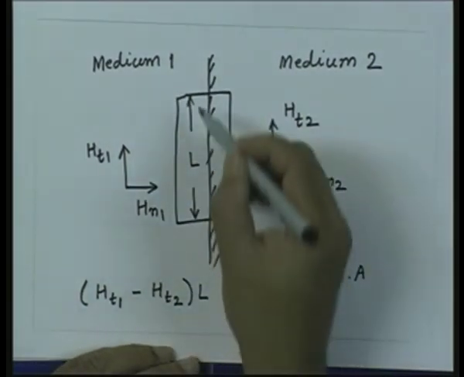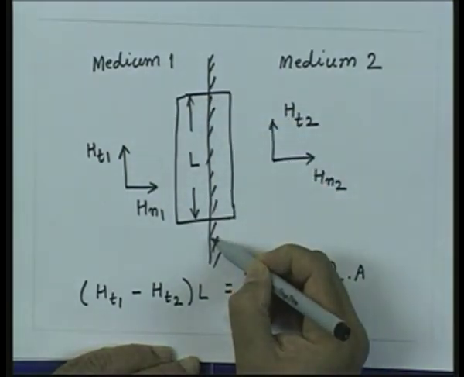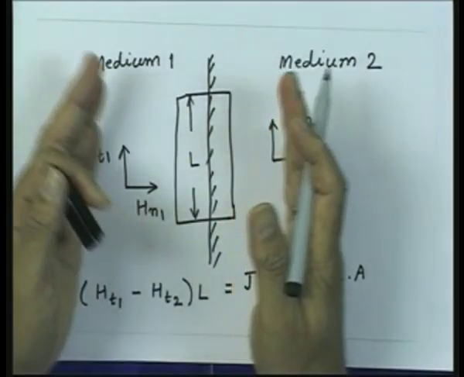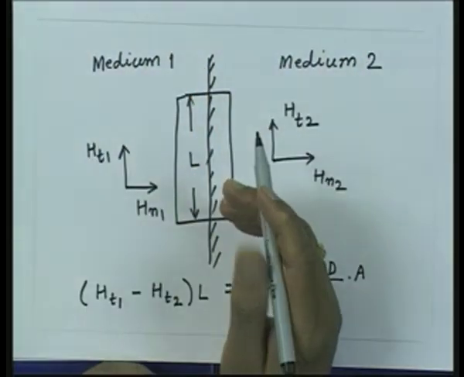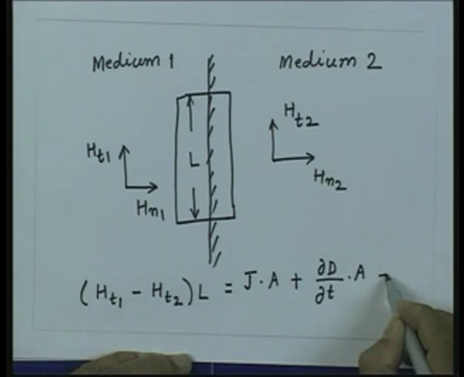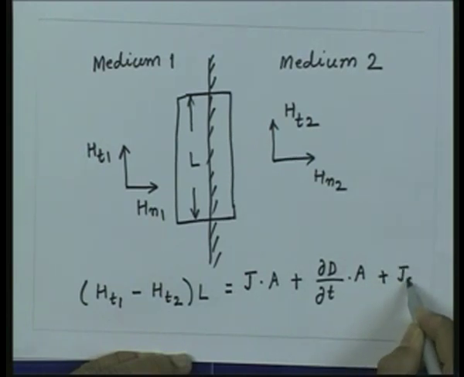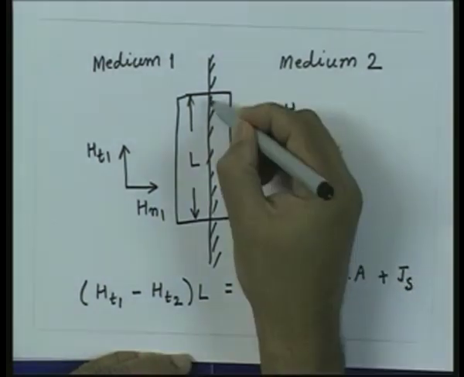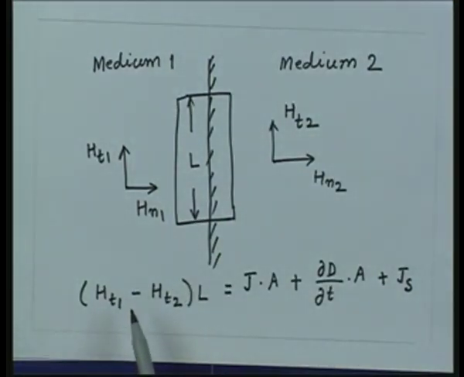The third possibility is that I may have a surface current here, and when the loop shrinks to a line, the surface current is still enclosed by this loop. So I may have a surface current on the surface of this interface.